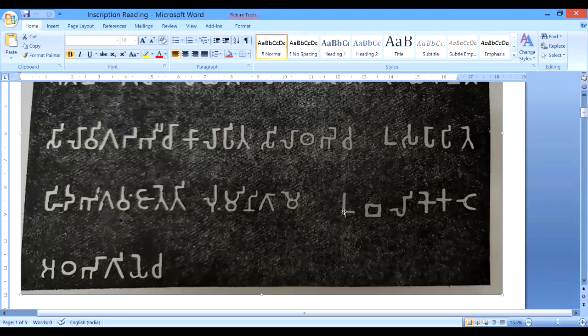Then ukara, u, and then va, ba, uva, li. Lakara, ikara, uva, li, kakara, and then ekara.